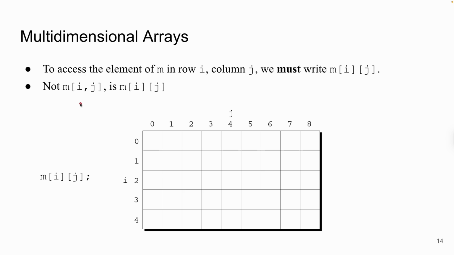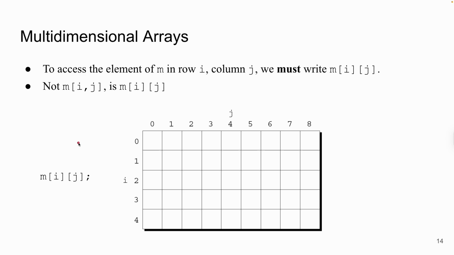So again, it is not n, i, j. It's n, and then two square brackets to separate i and j. This format is different from the one we use in mathematics. So remember, that is for math. For C, we need to write down this format.